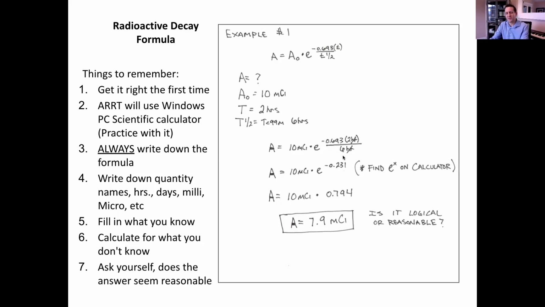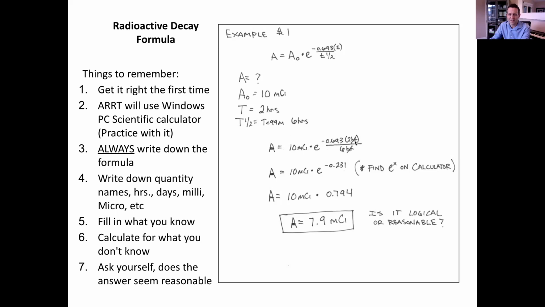So now let's come down and plug these in. Activity equals the 10 millicuries, and always write out your millicuries so you know what you're calculating, times the e to the power of negative 0.6993 times 2 hours over 6 hours. I got that from my time, 2 hours, over 6 hours, which is our half-life for technetium-99.